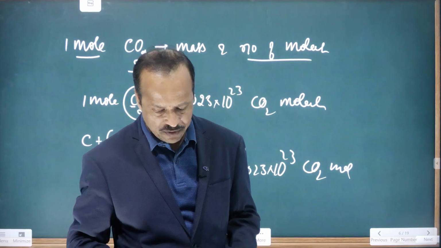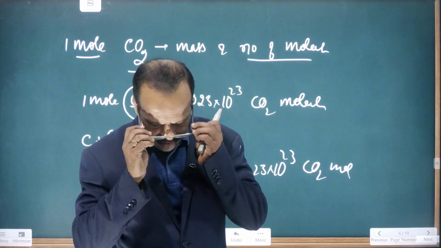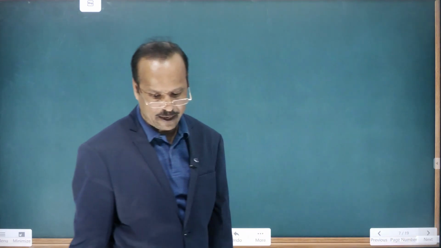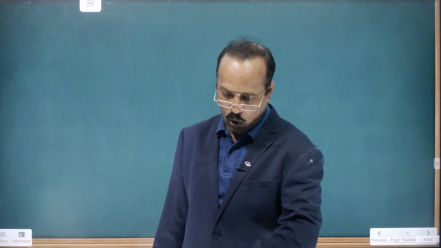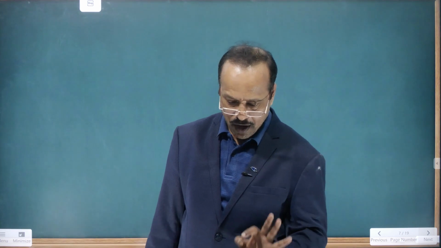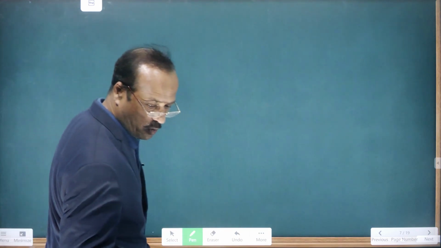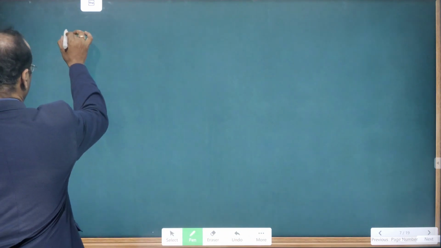Now students, if you see page number 60 in your material, the understanding of mole concept is given. One example is given about the understanding of mole. See here, 1 mole of nitrogen gas.